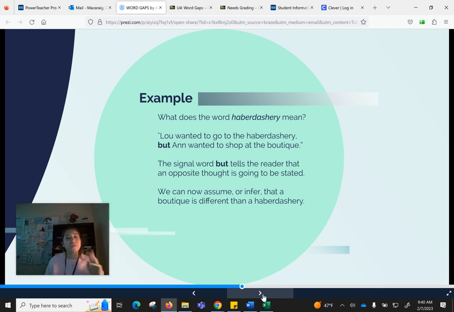The boutique is a place where women or girls could buy clothes or something that they need. Now we could assume that a boutique is different from a haberdashery. Therefore, what's the opposite of a store that sells women's clothes? It would be a store that sells men's clothes. Okay.